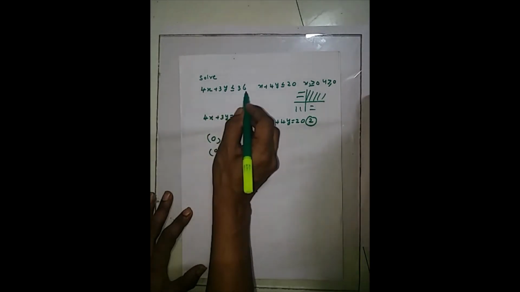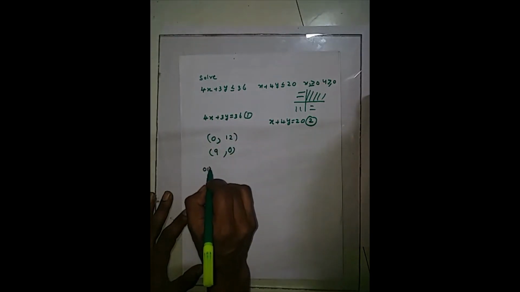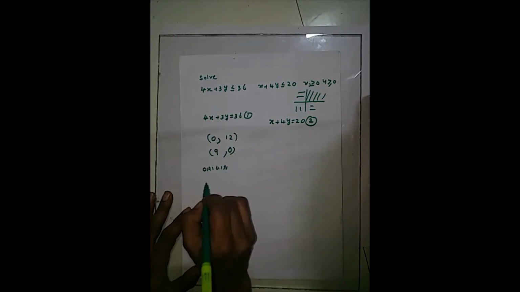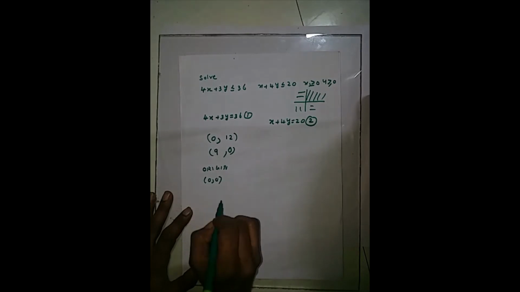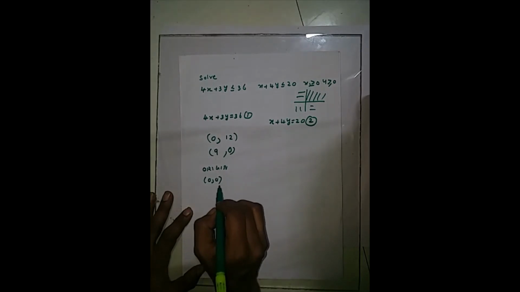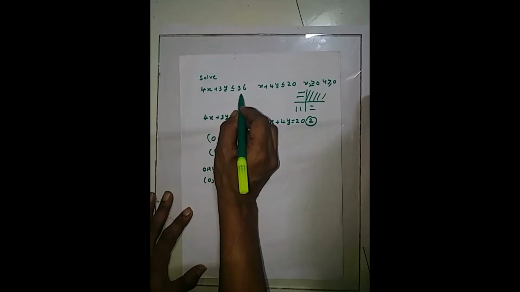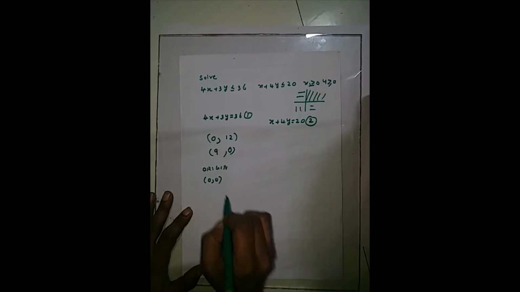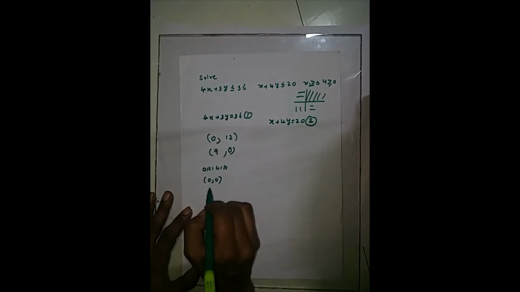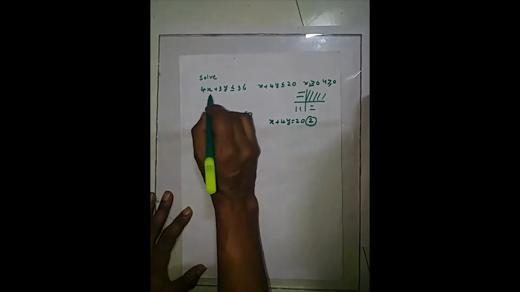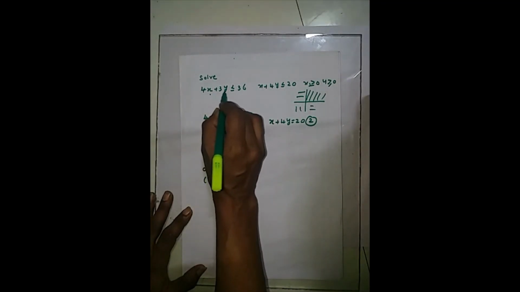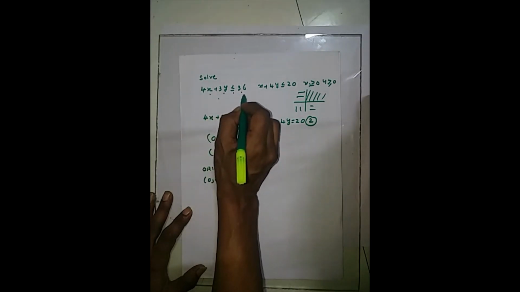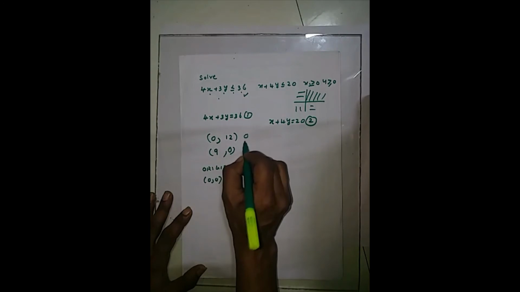For shading the region, we substitute the origin, 0, 0. If you get a correct statement, we shade the origin side. If you get a wrong statement, we shade the non-origin side. So substituting 0, 0 in our inequality, 0 plus 0 less than or equal to 36. 0 less than 36 is a correct statement. So we will shade the origin side.